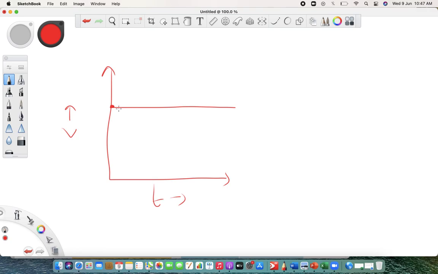Here this is speed. So let's say you are at 20 kilometer per hour. In 1 hour your speed is still the same, again 20 kilometer per hour. Your speed is not increasing.